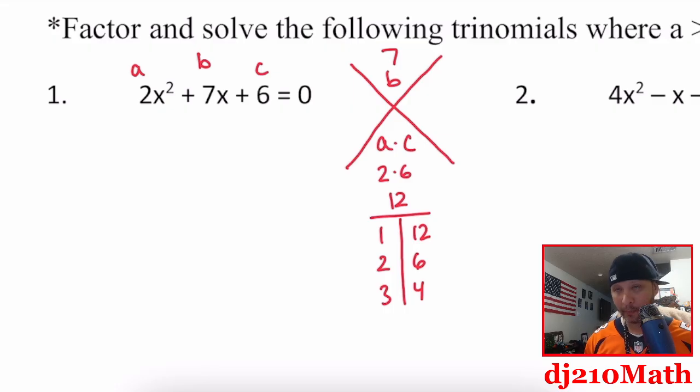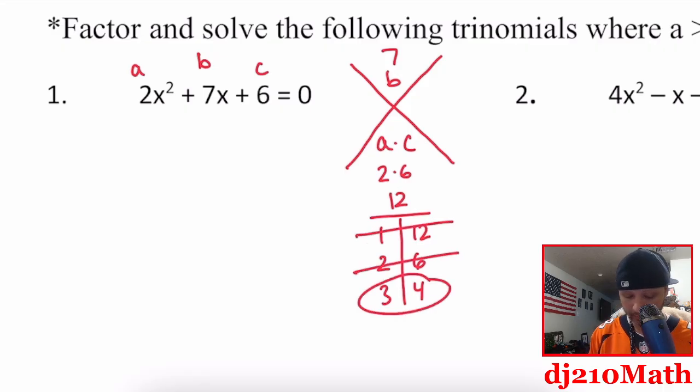And we look to see which combination adds up to 7. So, right here. These numbers go right into our factors. X plus 3, X plus 4. This is equal to 0.